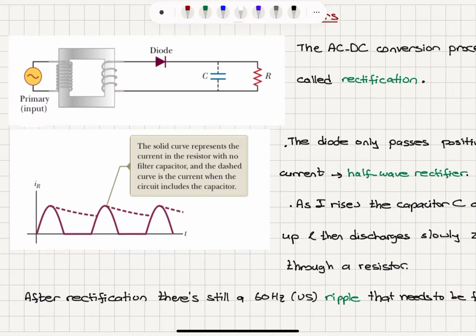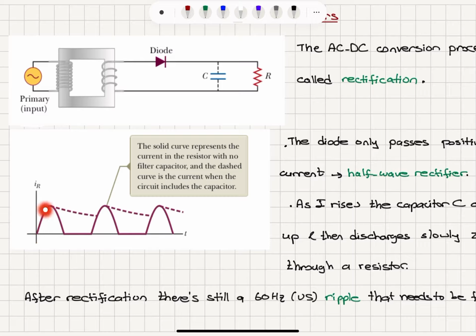And with the capacitor in place, when the positive current flows, the current is going to increase, and then when the current starts decreasing, the charging process on the capacitor will complete, so we will have the capacitor starting to discharge through the resistor.